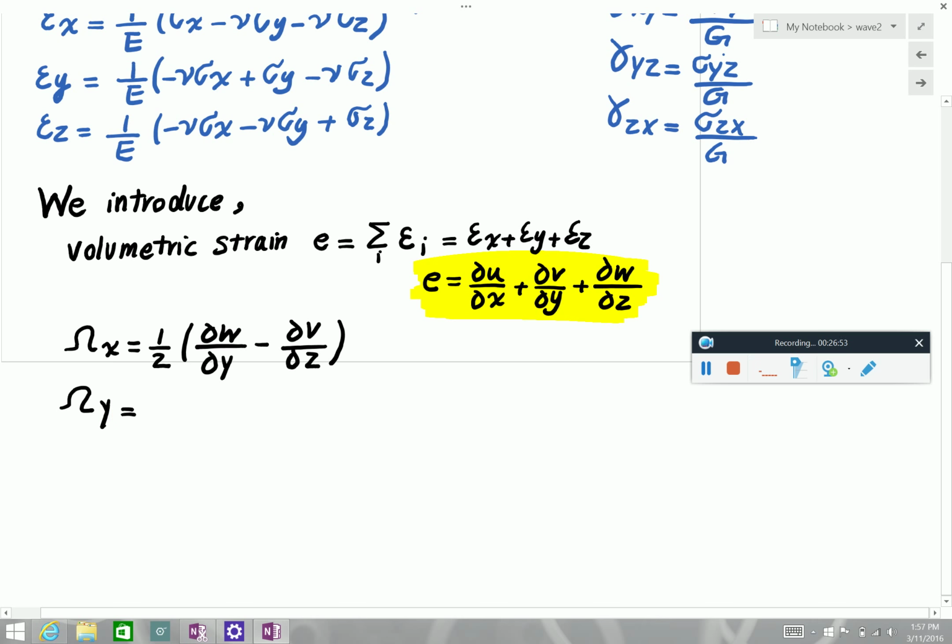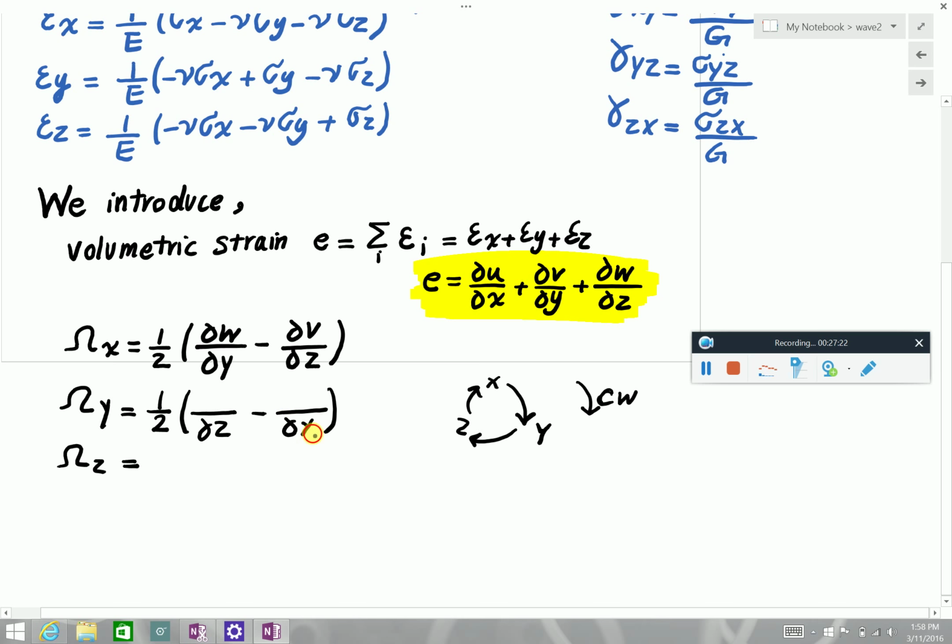for y and z. Now, to remember how it goes, it's sometimes helpful to have this kind of clockwise rotation, meaning that when we want to write for y, the denominators would be z and x, and when we write for z, the denominators would be x and y.